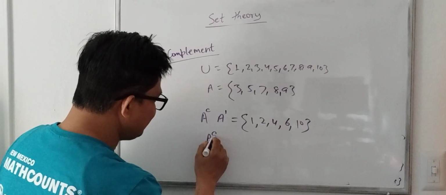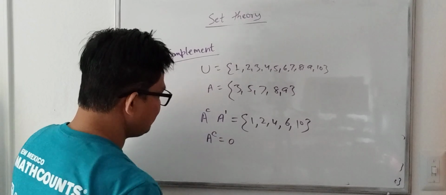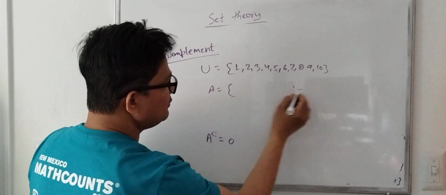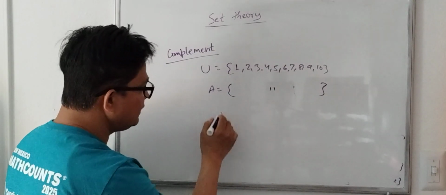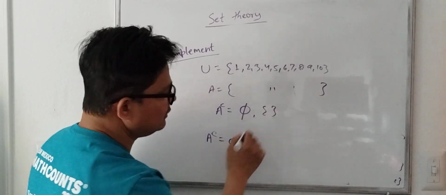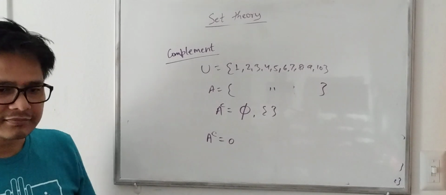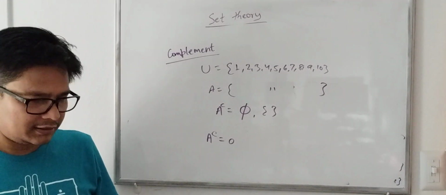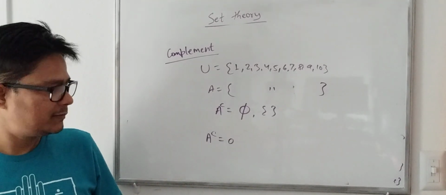If A has all the elements from U, then the complement of A is the empty set, or you can write it like this. It's easy. I think we covered all the basic stuff that you should know, and then I'm going to make some quizzes based on it, and then we'll be done.